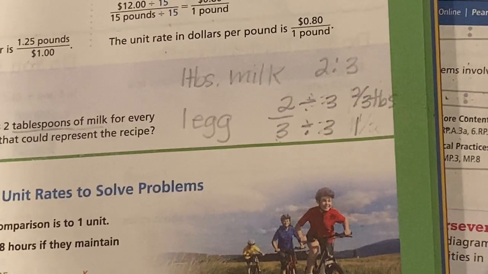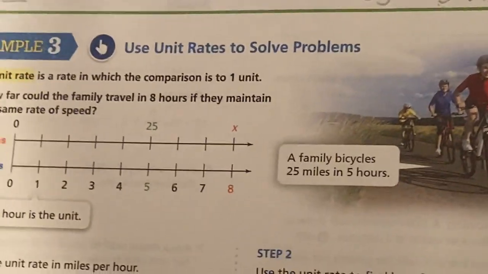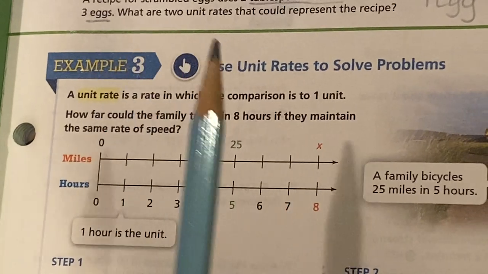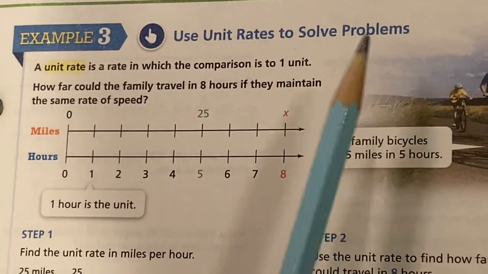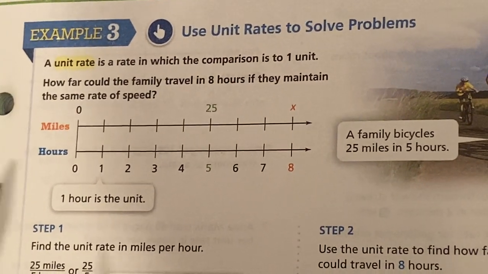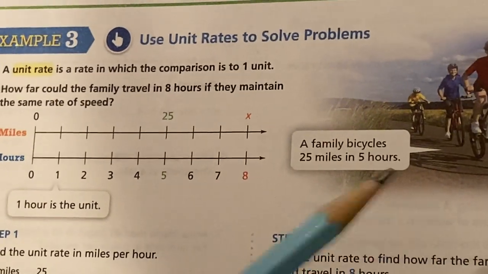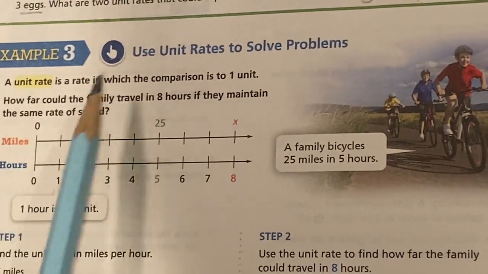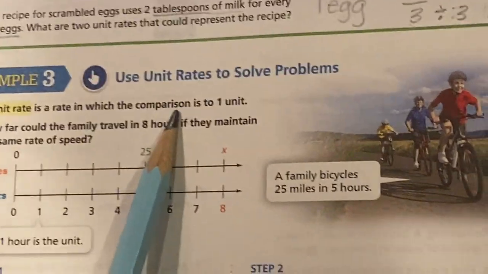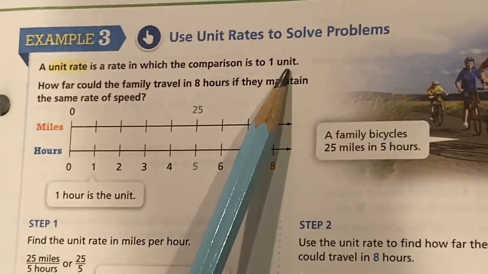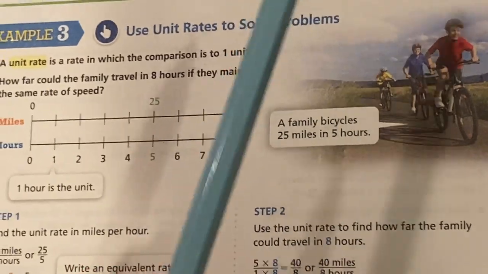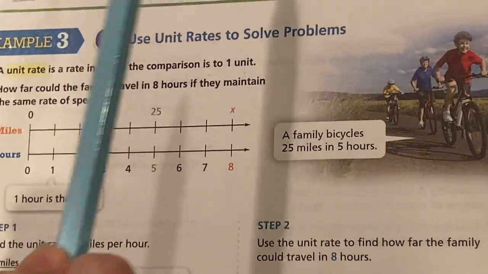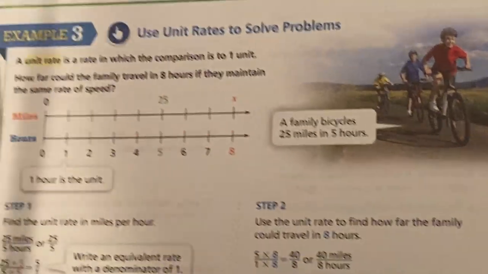Okay? All right. Now, example 3. Use unit rates to solve problems. Okay? Math problems. Unit rates won't really help you with like personal problems. Anyway, a unit rate is a rate in which the comparison is to 1 unit. Like we did 1 tablespoon or 1 egg or $1 or 1 pound.